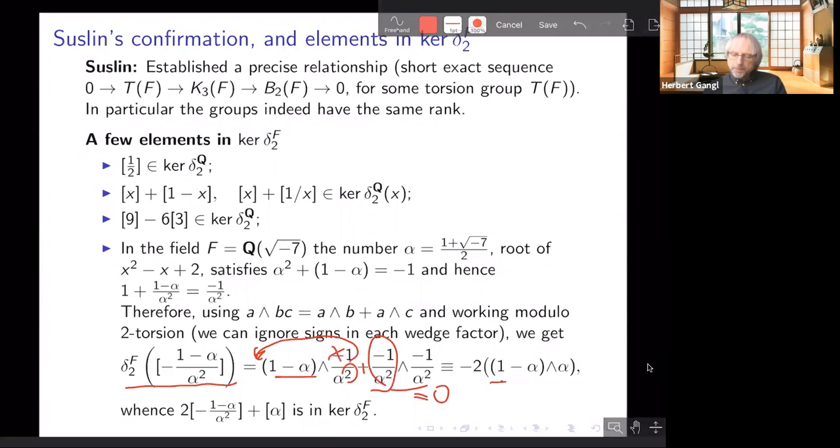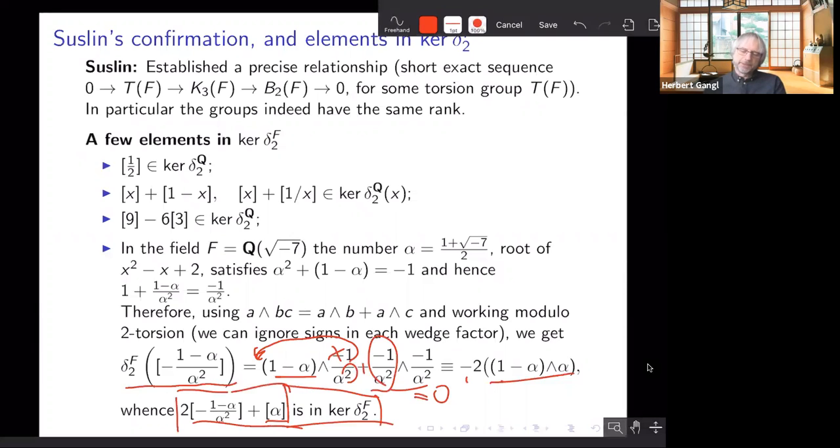So we'll wind up with minus 2 times 1 minus alpha wedge alpha, which is the negative of the same thing if we had alpha wedge 1 minus alpha, which is the image under our map delta 2 of alpha here. Overall, this combination lies in the kernel of delta 2 for that imaginary quadratic field.